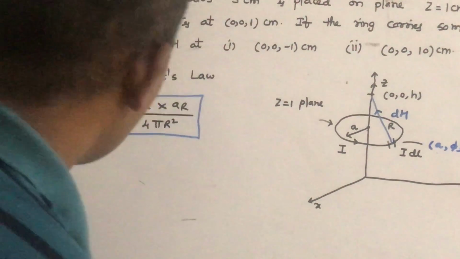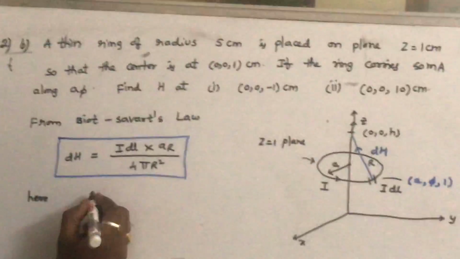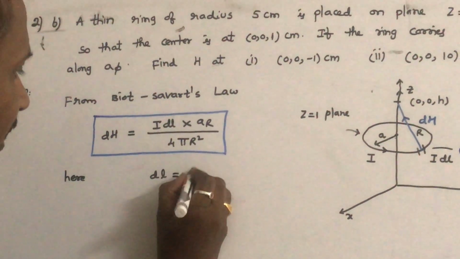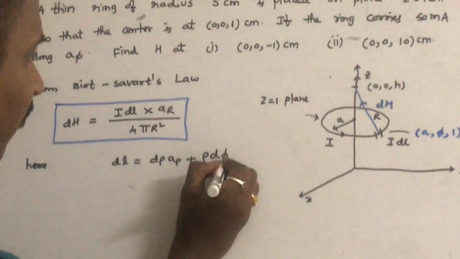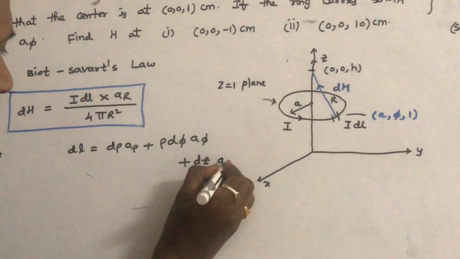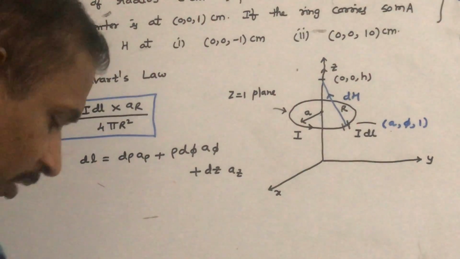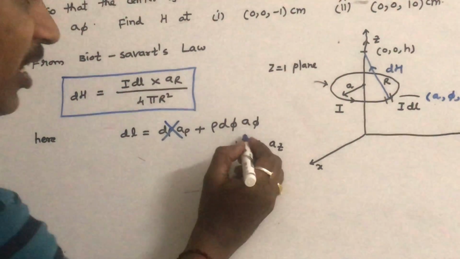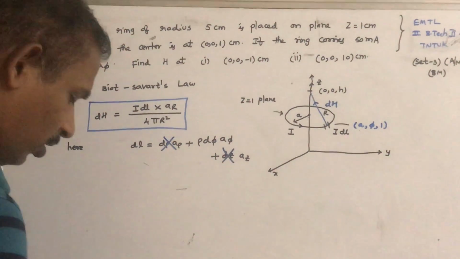In this section, what do we have to take? Here in this problem, in the cylindrical coordinate system, dl is taken as d rho a rho plus rho d phi a phi plus dz az. Because rho is constant everywhere on this ring, that factor is 0, and z will not vary on the ring, so that factor also comes out 0.